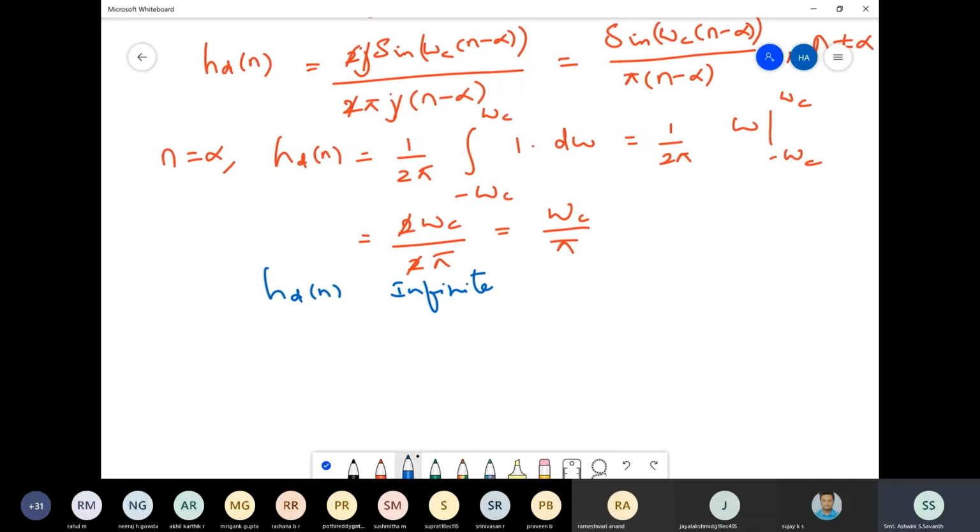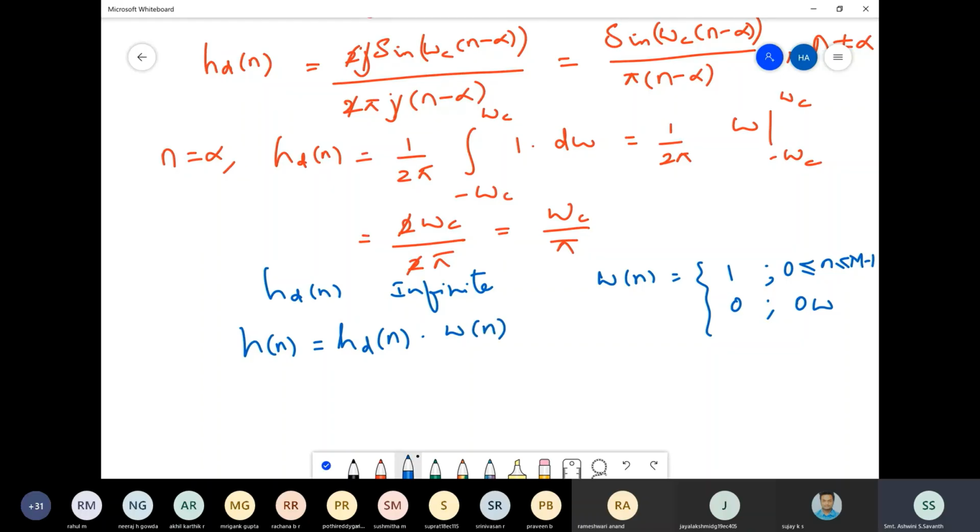The rectangular window is defined as having a value of 1 between the interval 0 to m minus 1 and 0 otherwise. So there are m samples defined from 0 to m minus 1 in the window function. So h of n is hd of n into w of n.